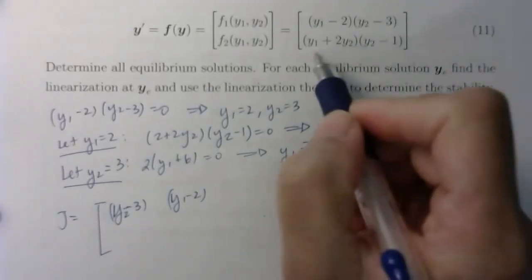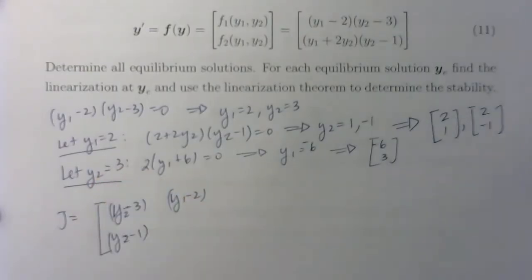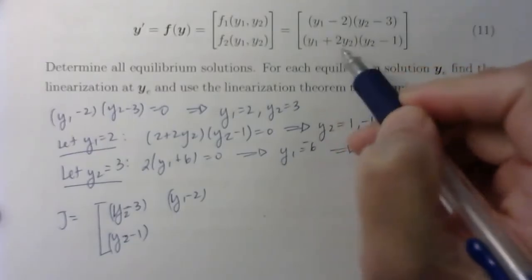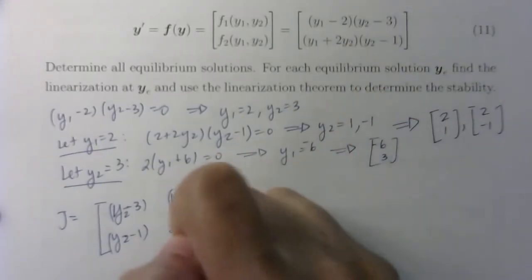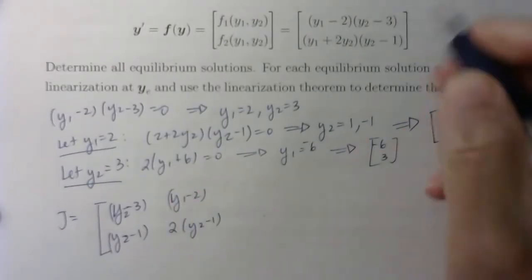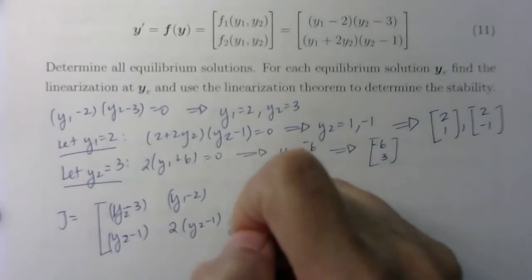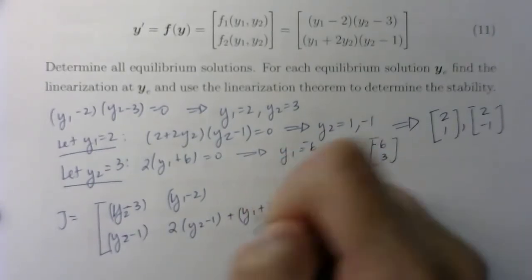Second equation with respect to y1 will be y2 minus 1. With respect to y2, we can do like a product rule. So the derivative of the first guy with respect to y2 is 2 times the second, y2 minus 1. The derivative of the second guy is 1 times this, plus y1 plus 2y2.